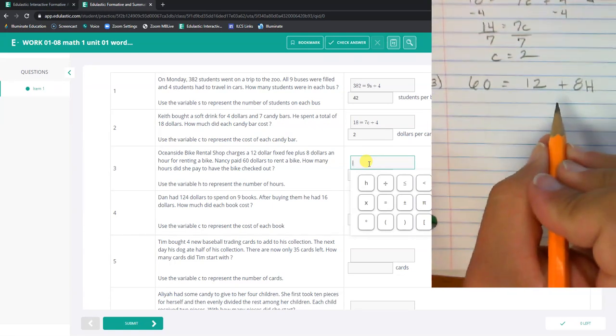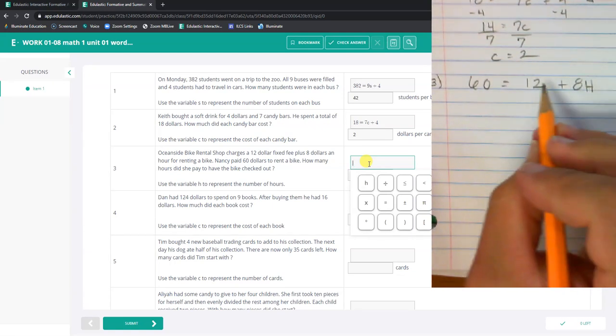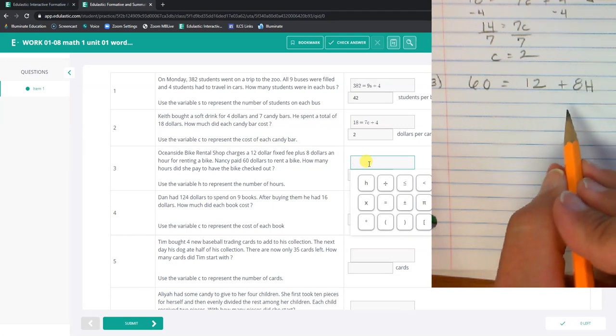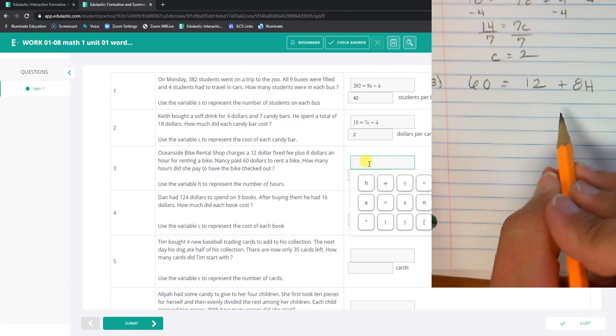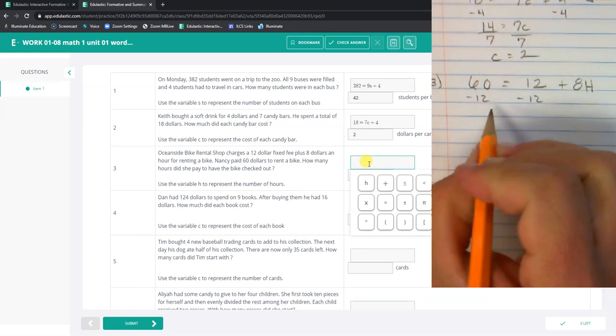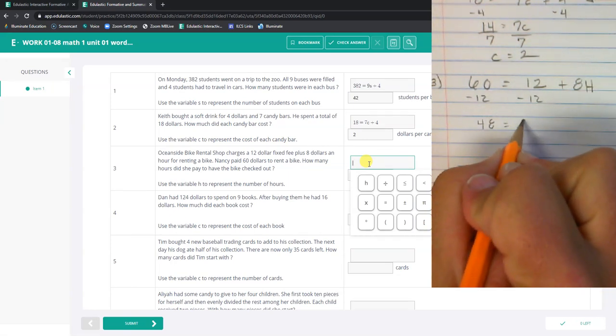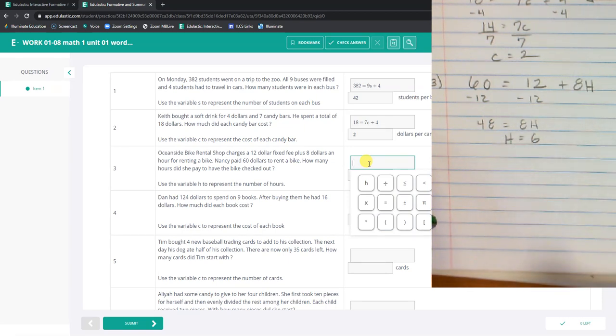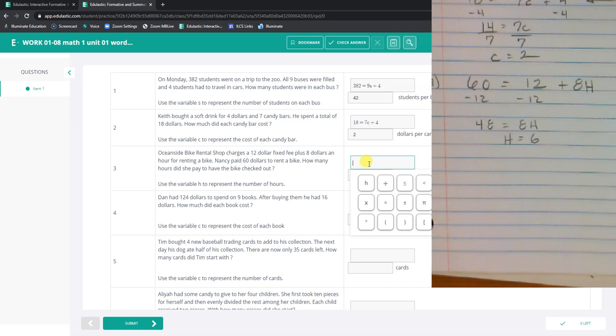And when we put this in, we will switch the order. Use the variable h to represent the number of hours. We've got that, and then we have to solve this. So subtracting 12, 48 equals 8h. So h equals 6 when I divide both sides by 8. Let's get that in there.